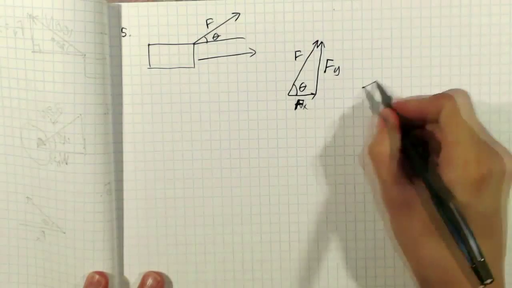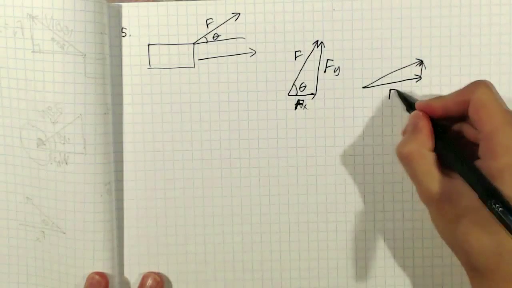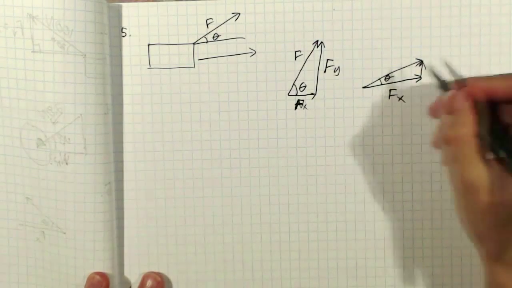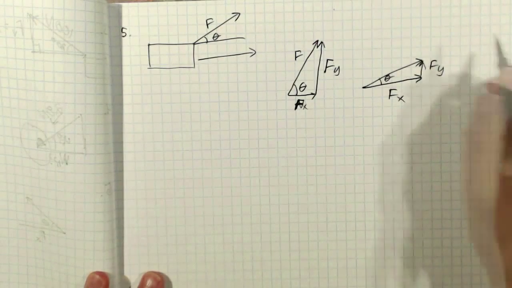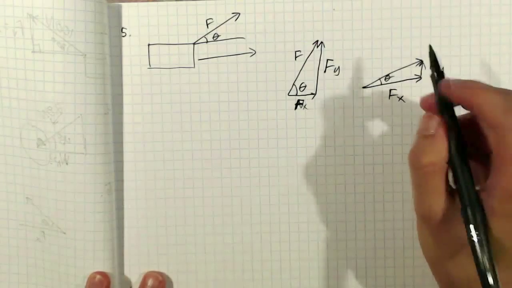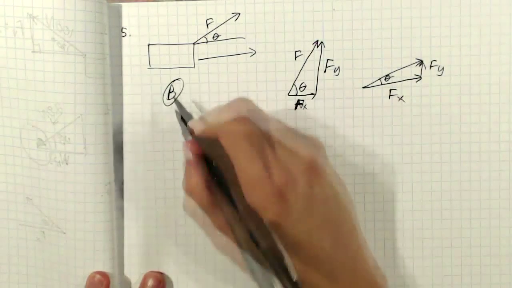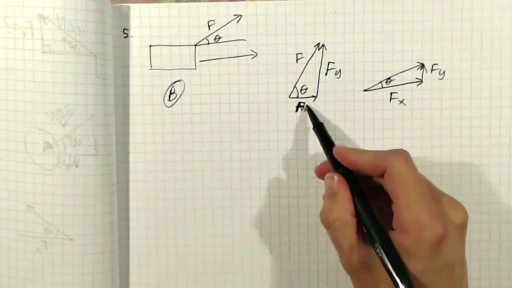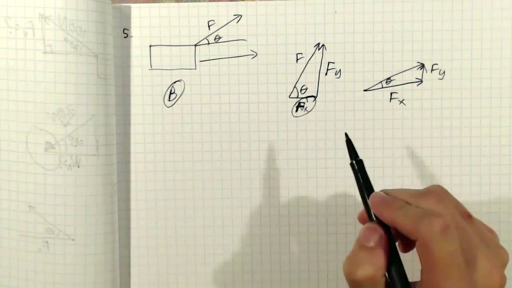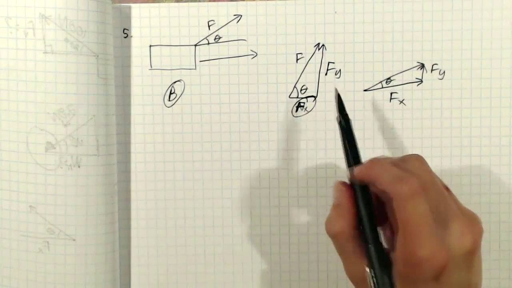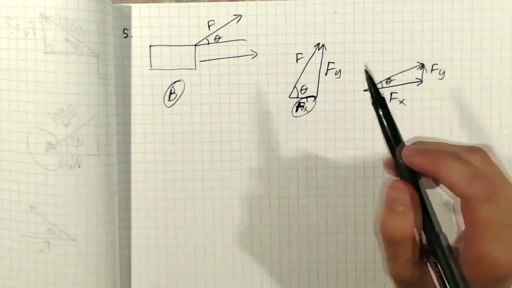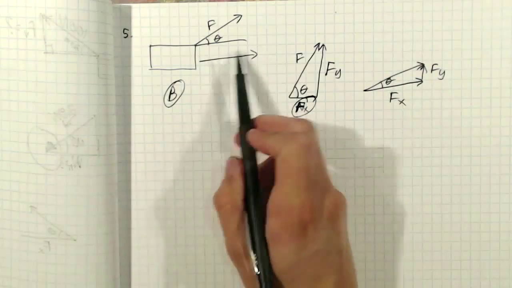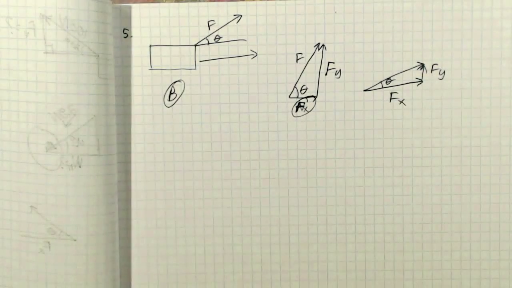But if we have a very small angle, we're going to have most of our force in the x direction, or the horizontal direction, and very little of it going up. So the answer is going to be B. As the angle gets bigger, this is going to decrease, thus causing a lower horizontal force, and thus lower horizontal acceleration.